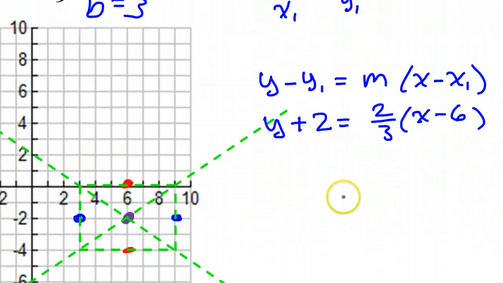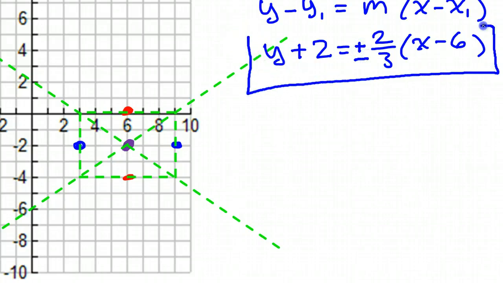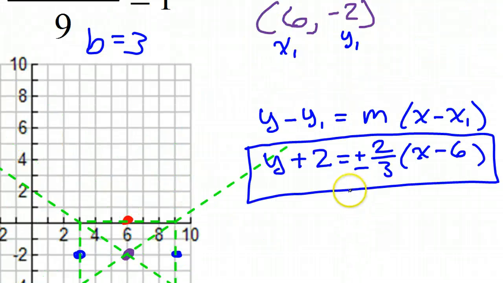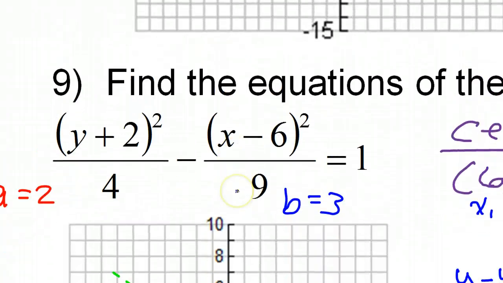Okay, so this is the equation of the upward sloping asymptote. The other one would be the same, except for the slope would be negative. So what you can do is simply put a plus or minus on here, and now it is both in one expression. Okay, so that is how you find the equation of the asymptotes when all you have is an equation.